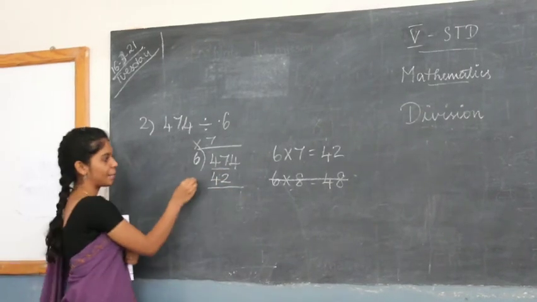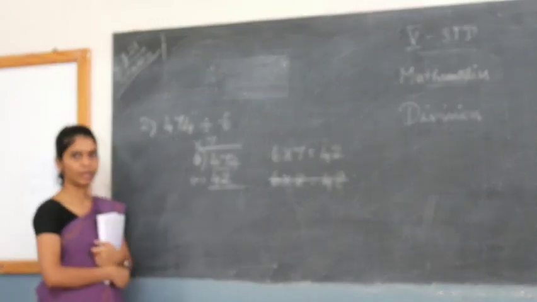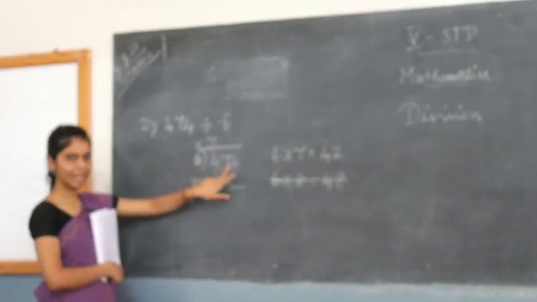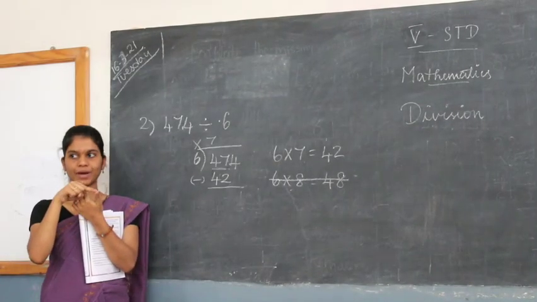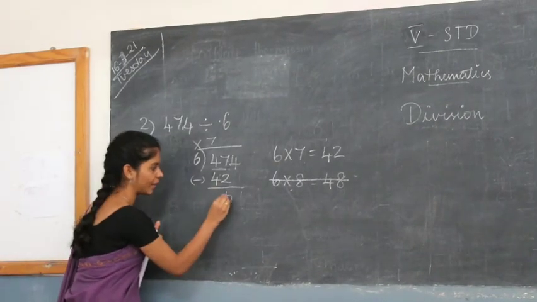Now what you should do? You should subtract them. Okay, so here you have 7 and here you have 2. So you have 7 and you have to subtract 2. How many is remaining? 1, 2, 3, 4 and 5. So here you have to write 5.